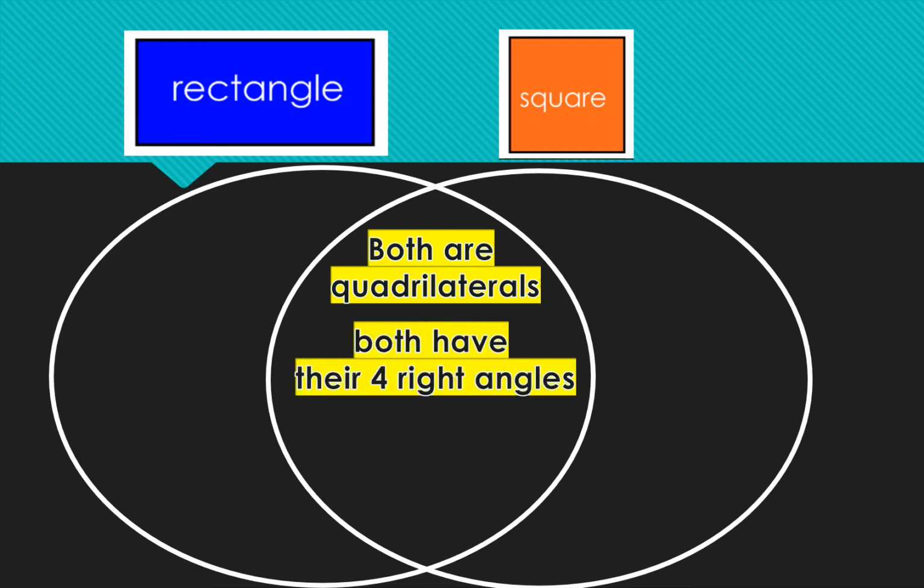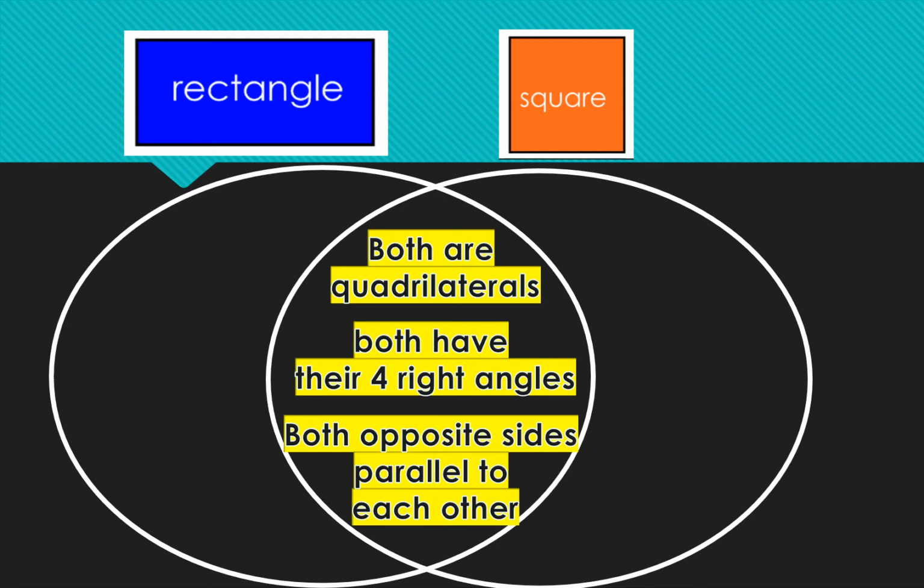They both have four right angles at the corners. Both have opposite sides parallel to each other: the top and the bottom are parallel, and the left and the right are parallel. Same with the square. That is the similarity of both figures.